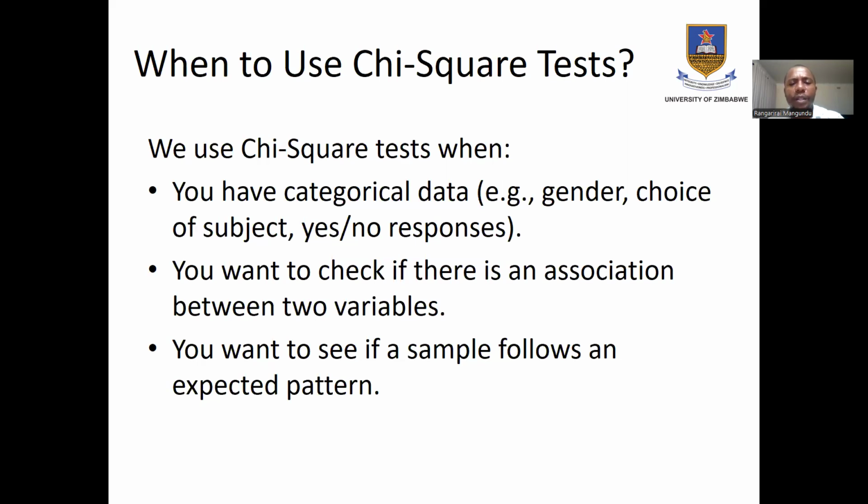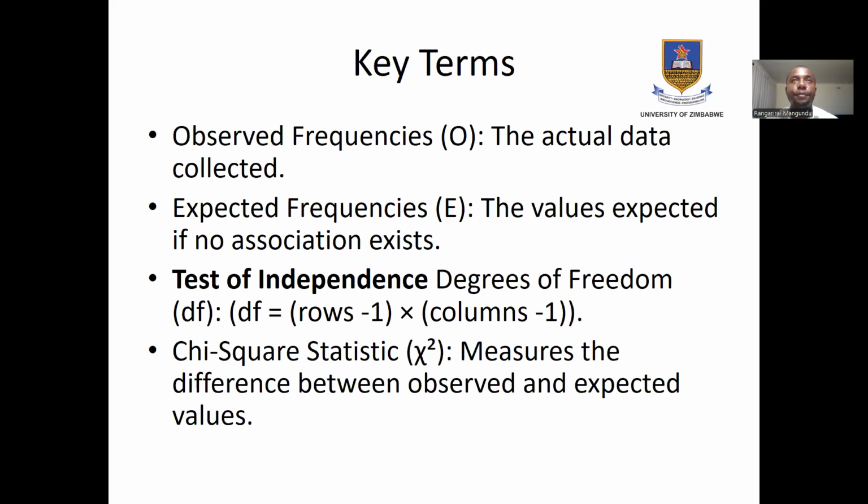When we want to check whether there's an association between two variables, like gender and the choice of subject, that is an example. And this is what we're going to be doing today. Let us check the association between two variables. We also find a goodness of fit, where we want to check if the sample drawn from a population follows an expected pattern.